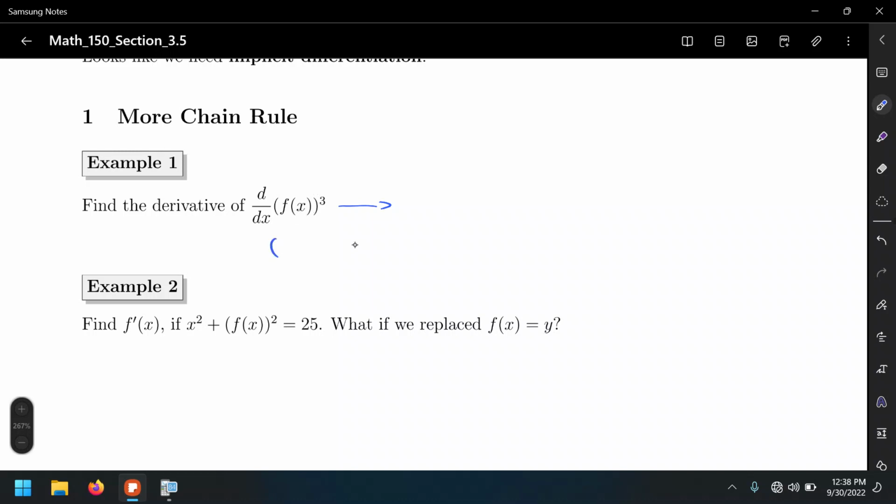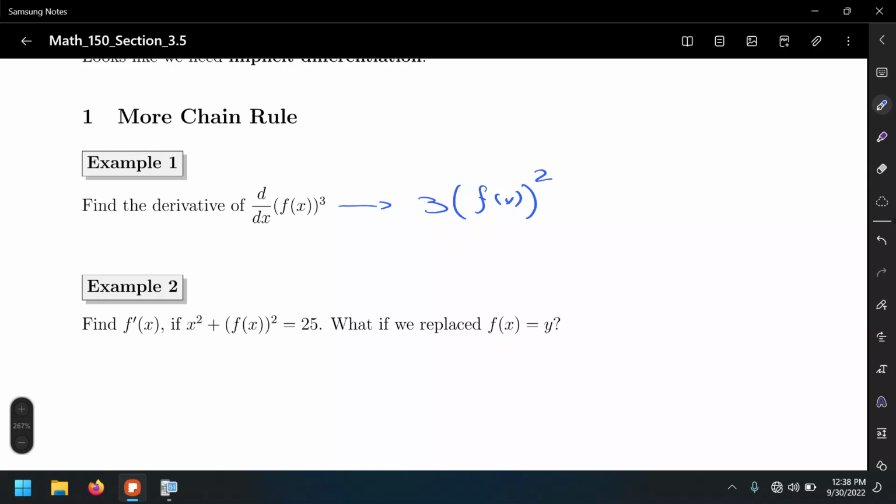This is not like the other examples that we got, like x squared plus 1. This time it's just some function f of x. So to differentiate this function, this will be 3 times something to the second. The something remains the same, but what else do I need to do to complete the chain rule here?